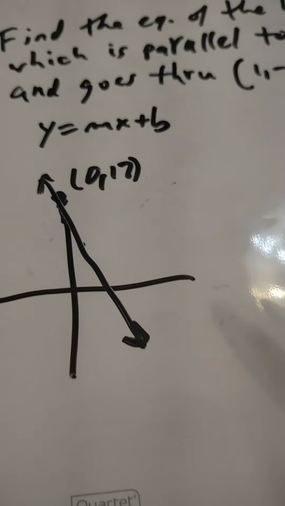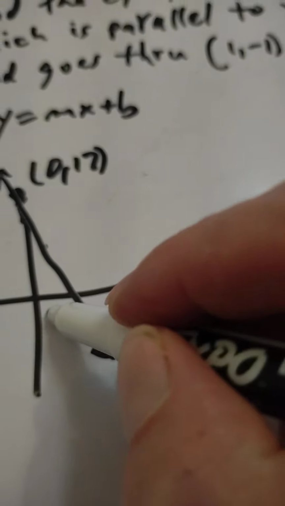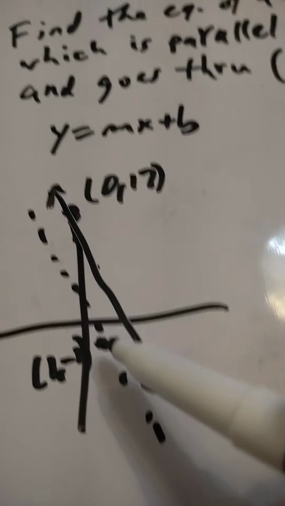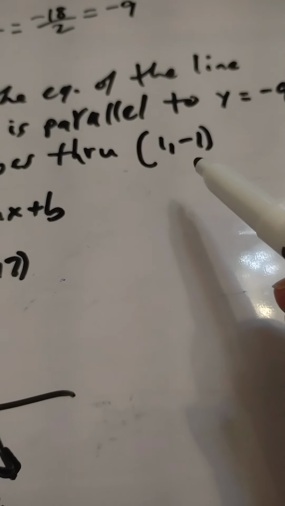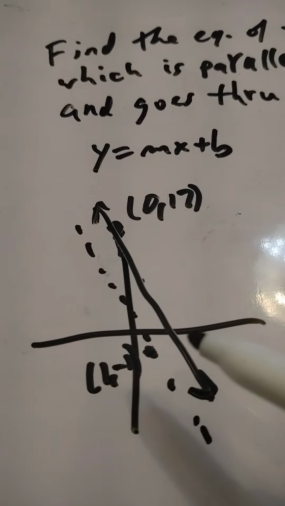What we want to do is find the equation of this dotted line. And I put a point there. That's going to be 1, -1. Here's that point 1, -1, which I just randomly made up. So can we find the equation of this dotted line? Doesn't this dotted line look parallel to the given line?